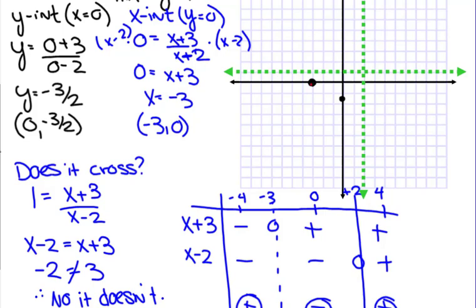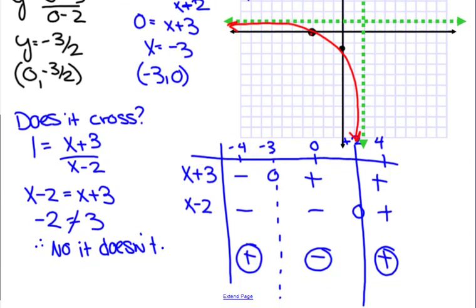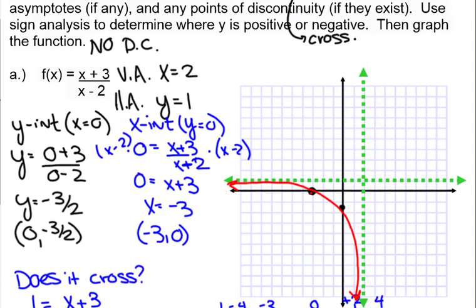Maybe I'll do that with red. So that means our y's are positive, negative, and they're going to come along our asymptotes. We're not doing a super accurate sketch, we're just doing a generalized sketch. And then our last one, they're positive. Well, so that might look something like this, they're going to come along our asymptotes like this. General sketch.